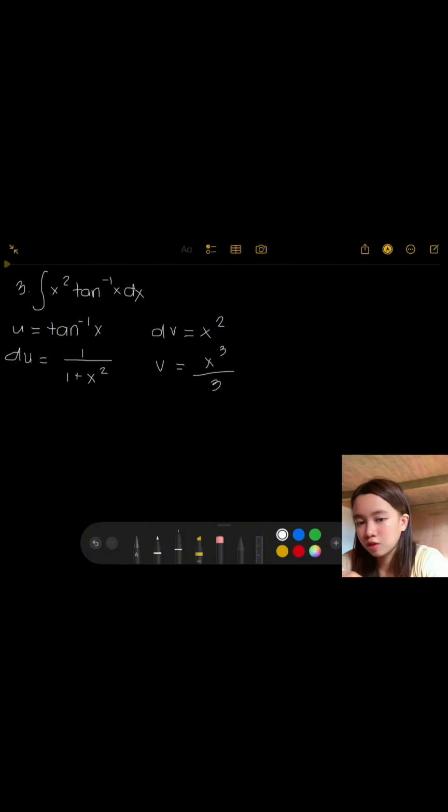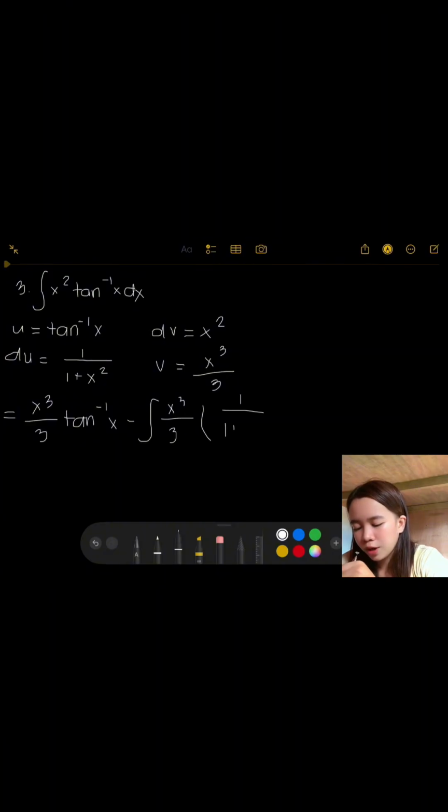So let's substitute. It will become x cubed over 3 arctan x minus the integral of x cubed over 3 multiplied by 1 over 1 plus x squared.